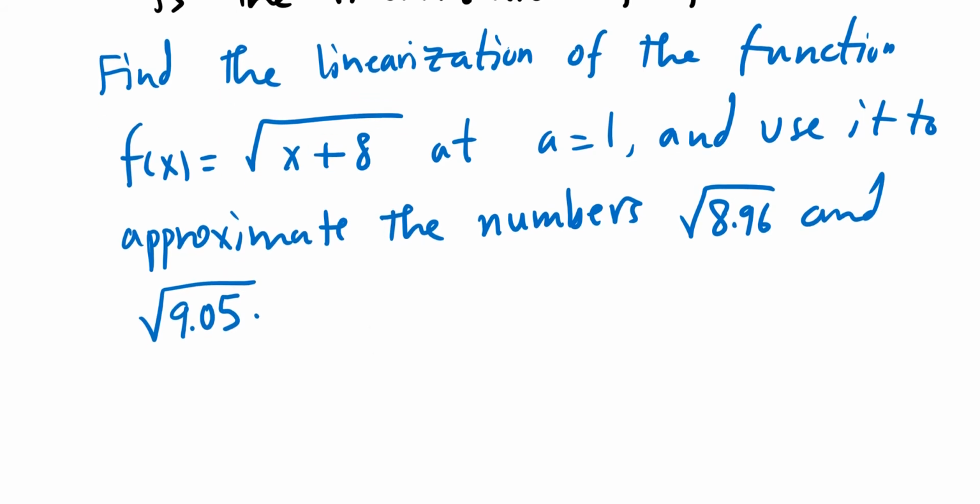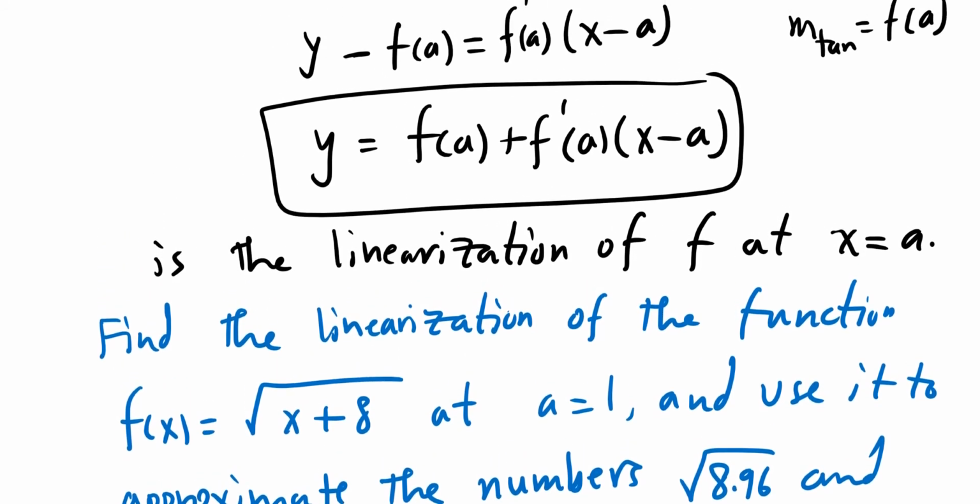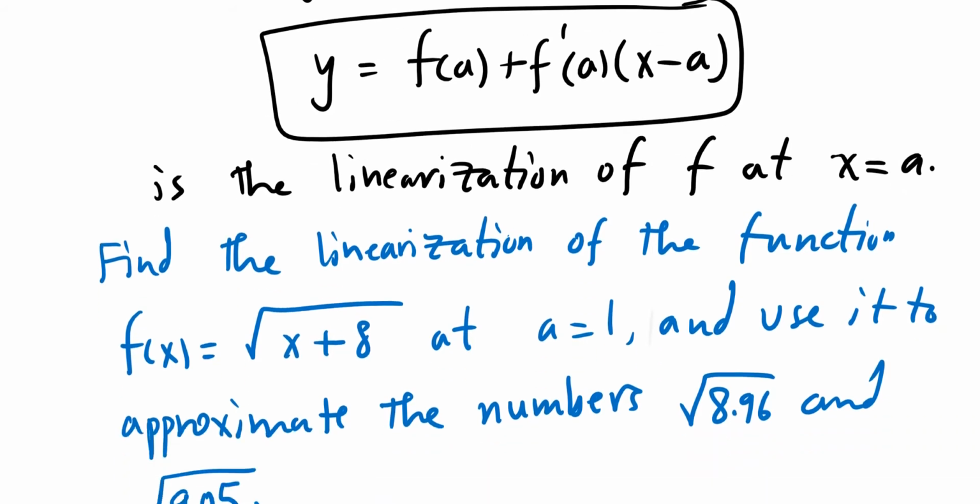So I'm going to use these to do some approximation. Well, they asked to find the linearization. So to find the linearization using the boxed formula, we need a, f of a, and the derivative at a. So three things. A is given.